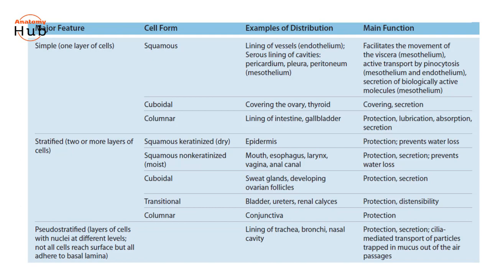It protects the cells present below against radiation, desiccation, invasion by pathogens, toxins, and physical trauma. The absence of blood vessels in the epithelial tissue prevents bleeding in the tissue during abrasion.